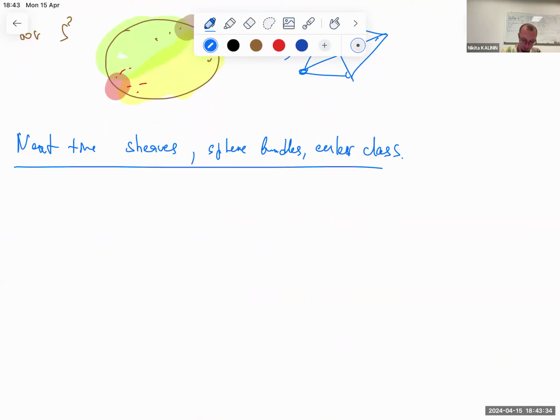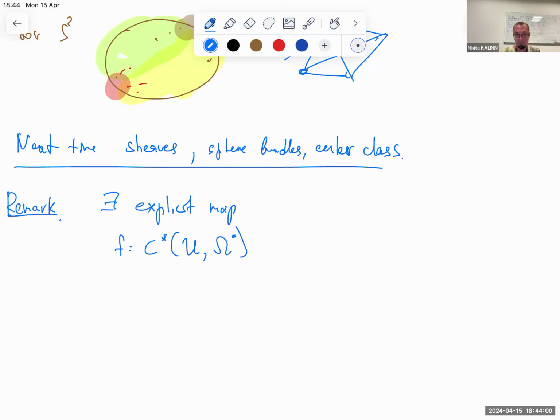So just some remark is that there exists an explicit map from the Čech complex to the complex of differential forms, such that, well, here we also have the map R, which was defined before, such that F composed with R is 1 and R composed with F is homotopic to the identity.